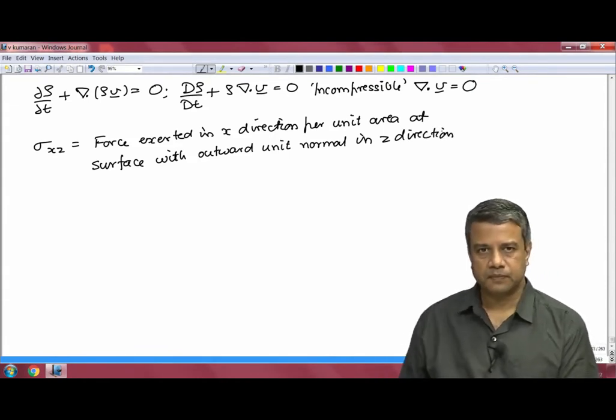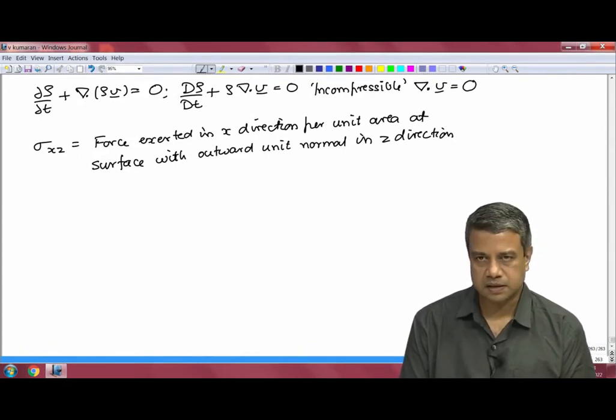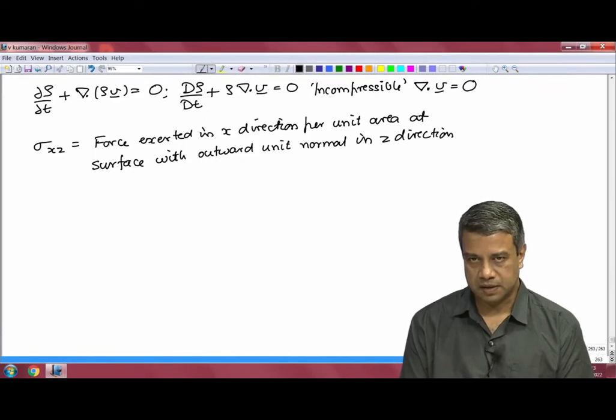That was the definition of the stress: force per unit area in the x direction, or rate of momentum transport per unit time.